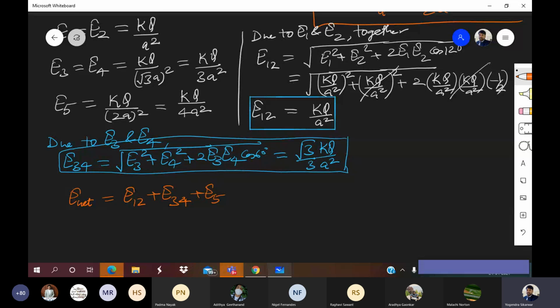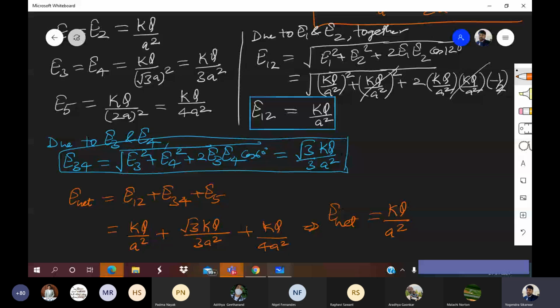So that will become KQ upon A square plus root 3 KQ upon 3A square plus KQ upon 4A square. So you can take KQ upon A square common, and the remaining will be 5 by 4 plus 1 by root 3. Answer.